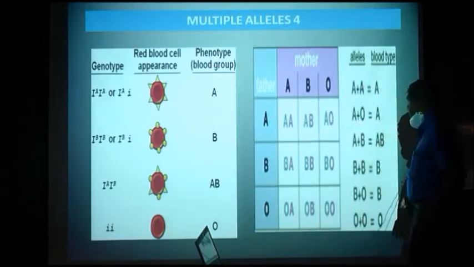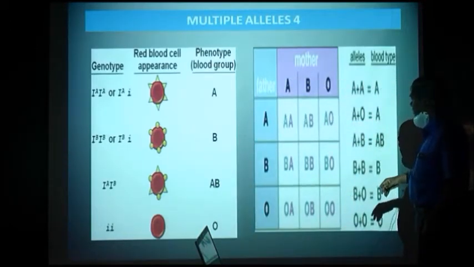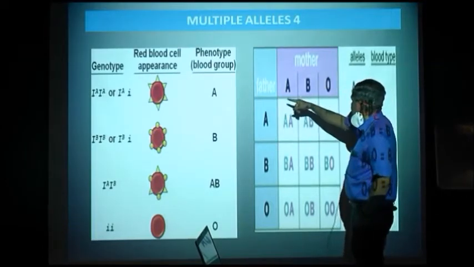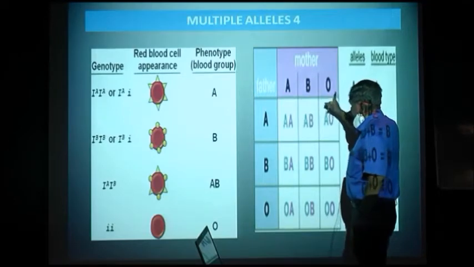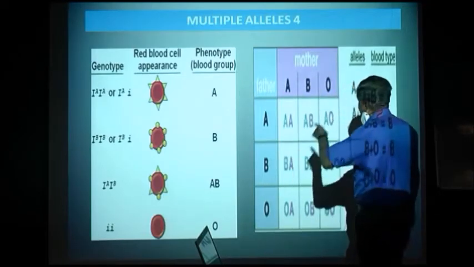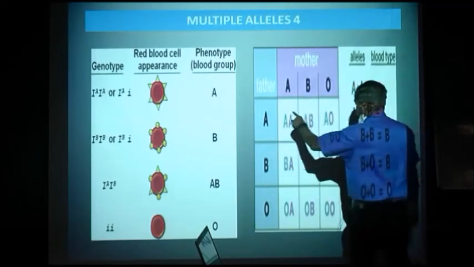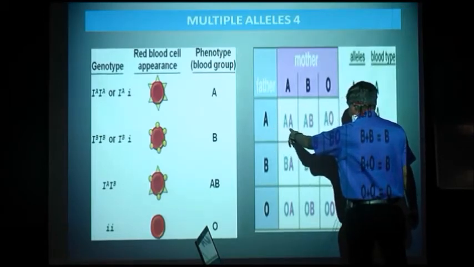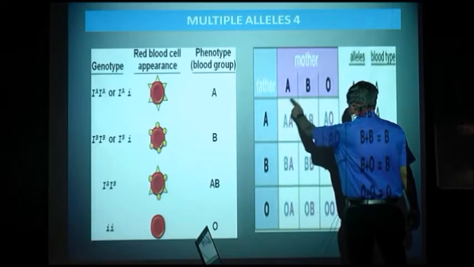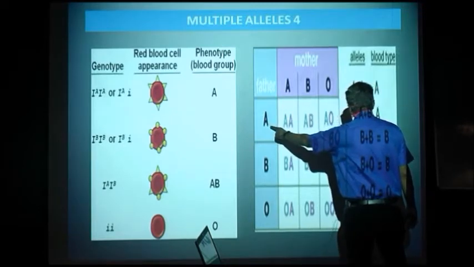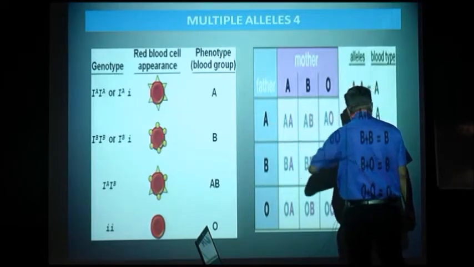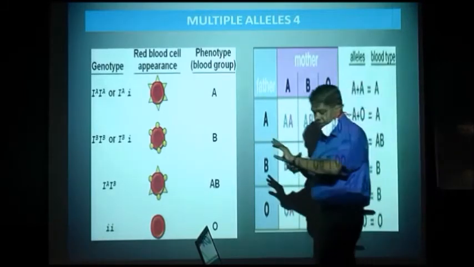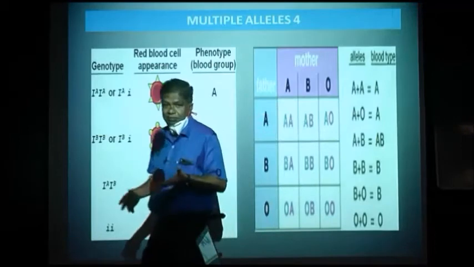Here the same thing is expressed. Here we are getting an example of father and mother, ABO, ABO. If mother is A and father is A, this is capital A, capital A. Mother is B, father is B, giving capital A, capital B. You can look at the diagram and understand, but I want to give you my own example.